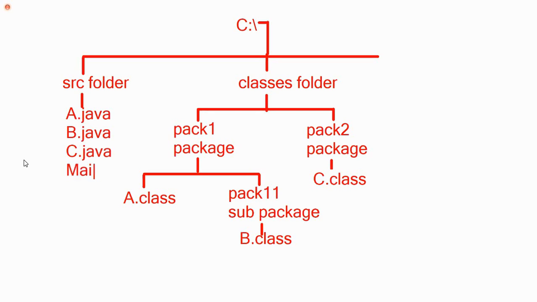One more, Main.java, it is separate. In the entire website, where you want to execute, the home page, we make it separate. That is one more package separate outside. Suppose here a test package, here the main class.